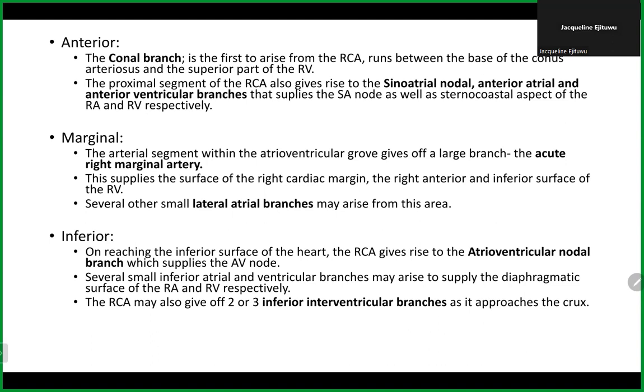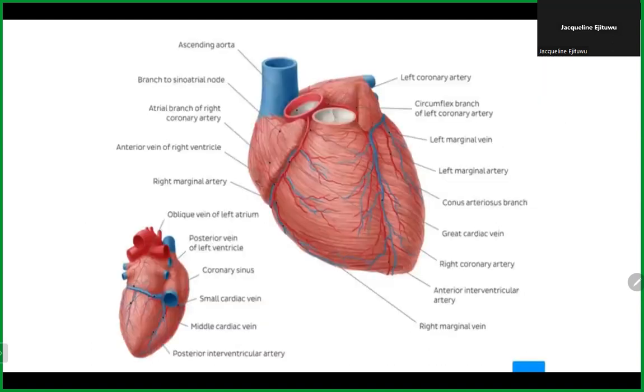Next slide, please. So this is a diagrammatic view showing us the right coronary artery. This is the SA nodal branch. The largest branch or continuation is the acute right marginal artery.